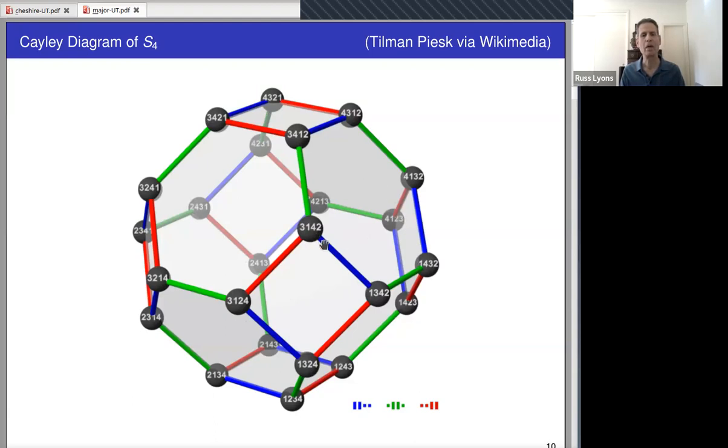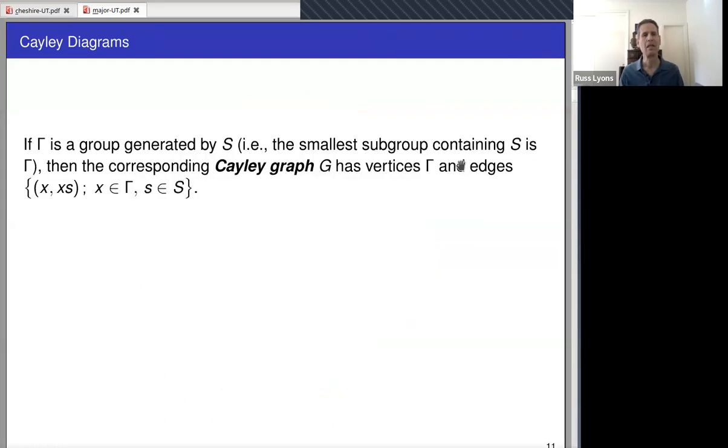And 2 of them are joined by an edge where you can get from one to the other by multiplying by one of these generators. And in this case, the generators are involutions, which means they're equal to their inverse. So I don't have to orient them. And I just give the color of the edge of the generator that corresponds to that. So here's the Cayley graph of S4. That's a finite graph. And I showed you an infinite graph yesterday. I'll show you more today.